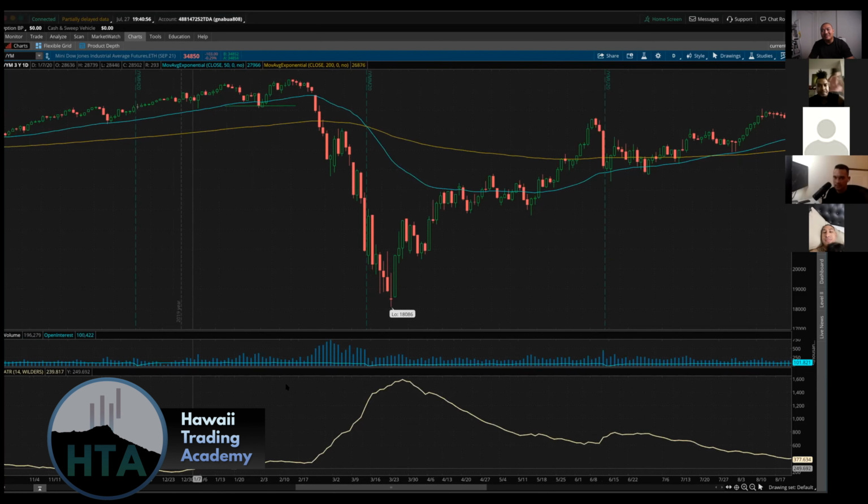ATR, even though it's so simple, right? It just shows you volatility. Low ATR, low volatility. High ATR, high volatility, more risk. Hey, is that a 14 day period on your ATR? Yeah, it's my 14. Okay.